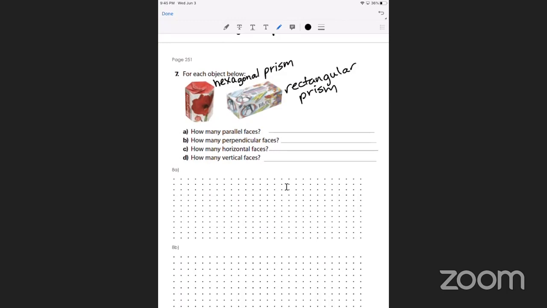So how many parallel faces does it have? Well, I believe the top and bottom are parallel. And then these opposite parts here on the other side would be parallel.